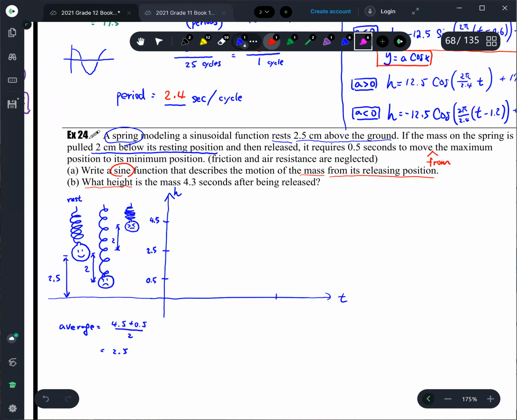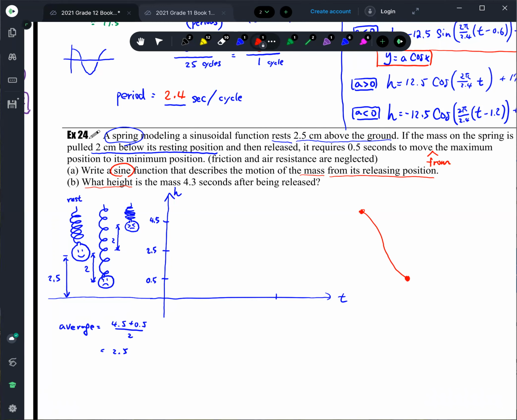From highest, okay, let's draw it out. Highest is here, goes down, that's the lowest, right? How long does it take? Half a second, right? Now if you want to make a round trip, it has to go back up, so another half a second. So the whole round trip will be, is it a second? Yeah, 1 second.